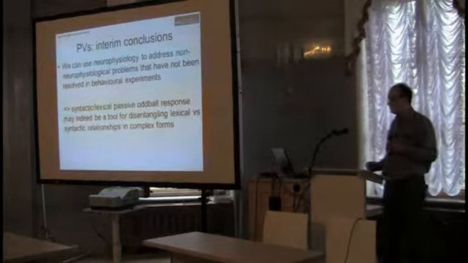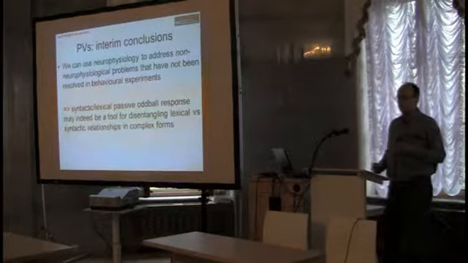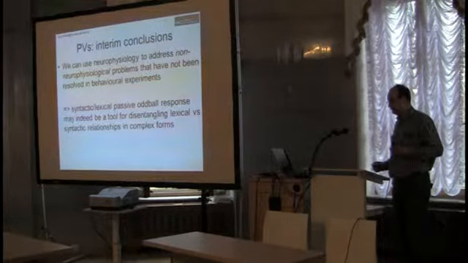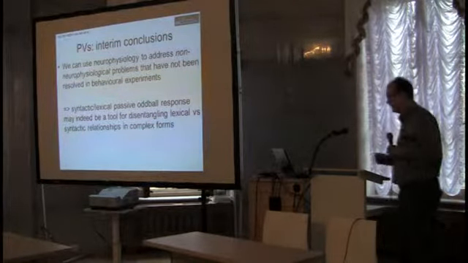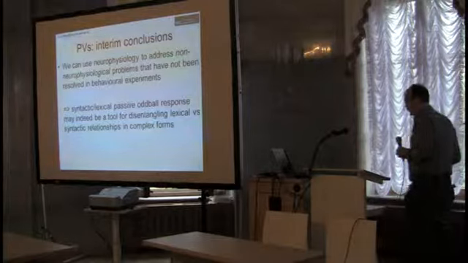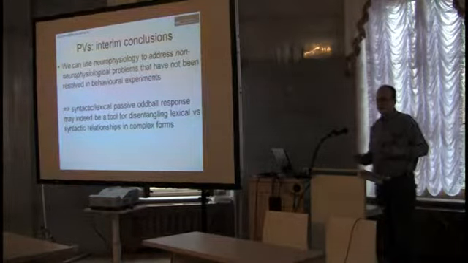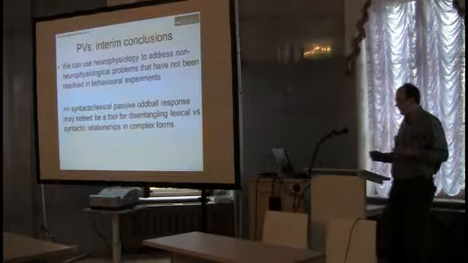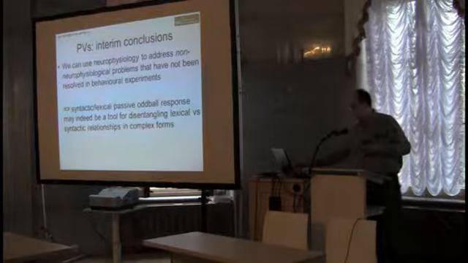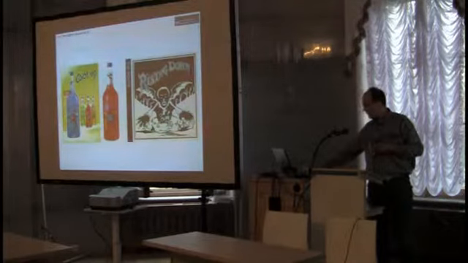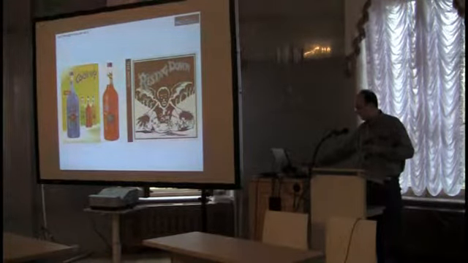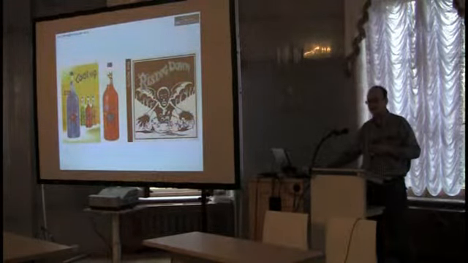So we can actually use neurophysiology to address non-neurophysiological problems, which is interesting in itself. And this syntactic versus lexical double dissociation can be used to disentangle lexical versus syntactic relationships between items in complex forms.